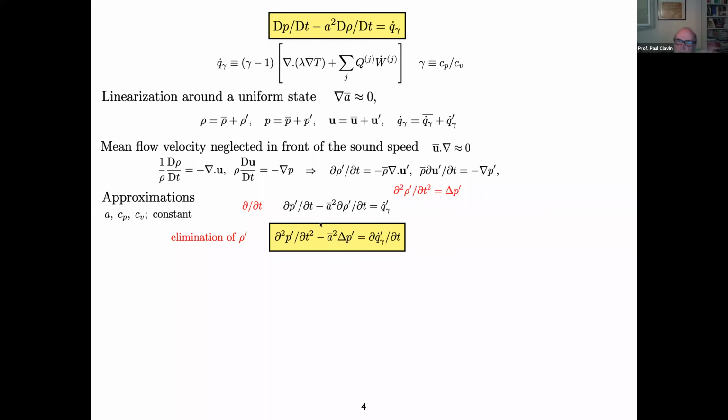Here it is not one-dimensional, it's general. So you have acoustic waves, and these acoustic waves are fed by the heat release rate, by the time derivative, it is the power of it, like that.